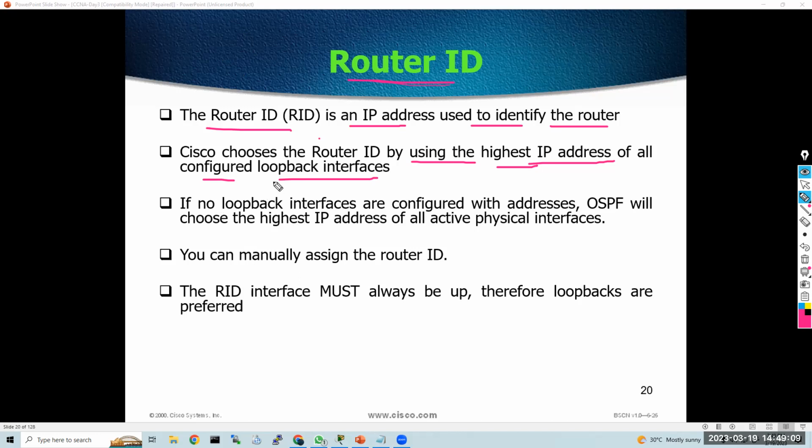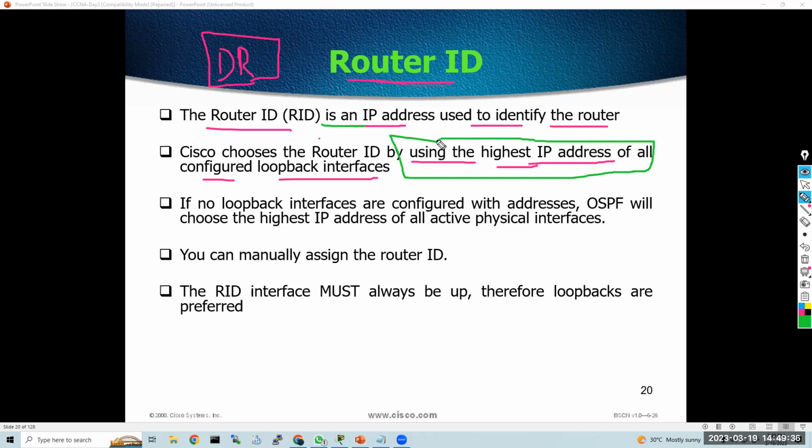That one we will call the designated router, DR. DR is nothing but a team leader. Remember, guys? What does it mean, highest IP address?